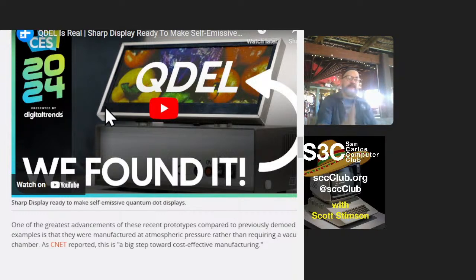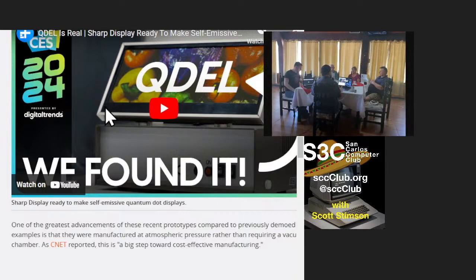If you read the reporting on it, apparently this isn't going to require any new manufacturing. They're going to be able to retool everything that's being done for LCD right now. That's a big deal, because your alternative is OLED displays. I didn't know this until I was looking at this. Those need to be created in zero atmosphere. You guys ever heard that before?